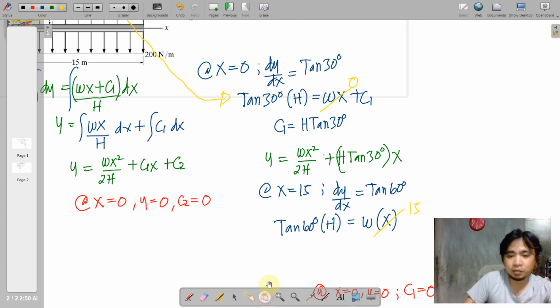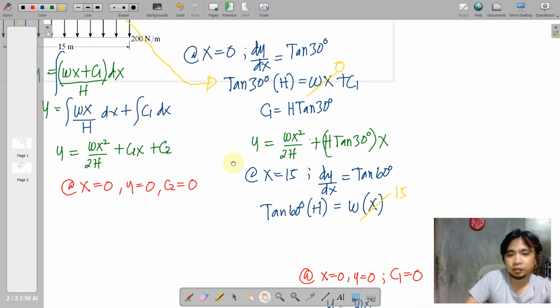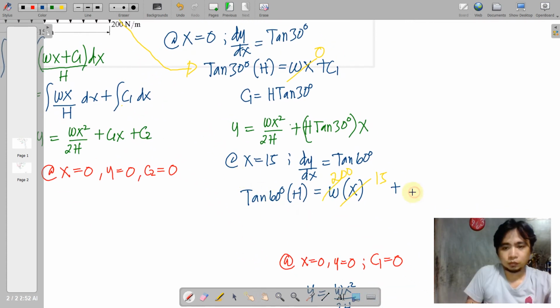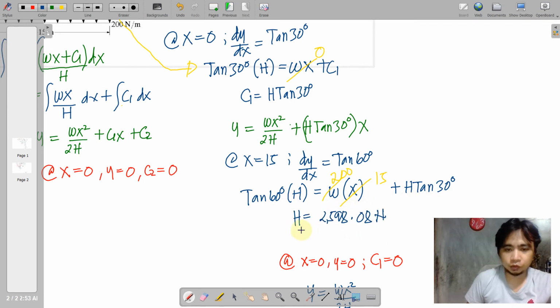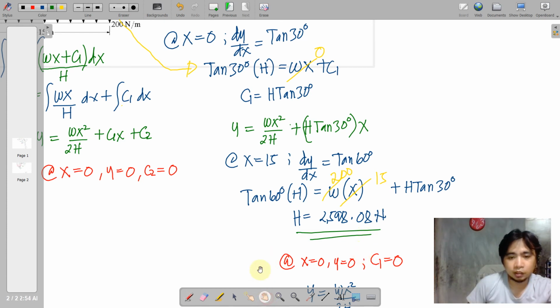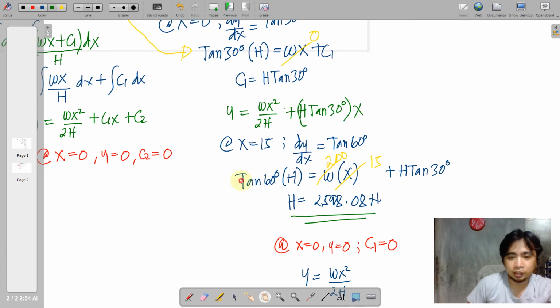So the w here is actually given, that is 200 Newton per meter. And then we add the value for C1, that is h tangent of 30 degrees. So as we notice, we have a single unknown h. And finally, we have the value for h, which is 2598.08 Newton.